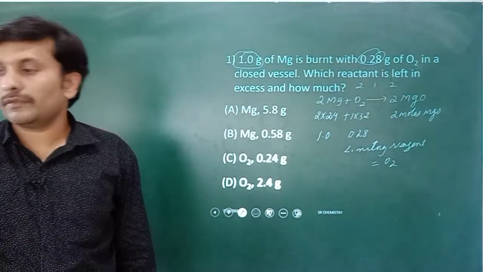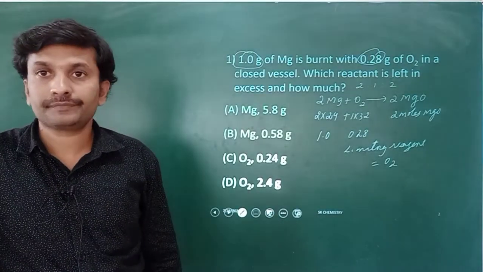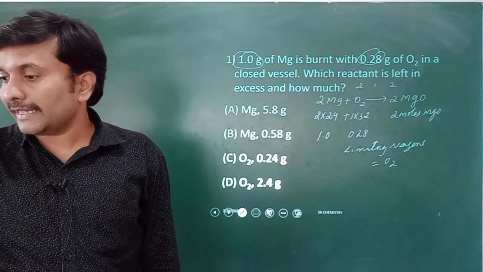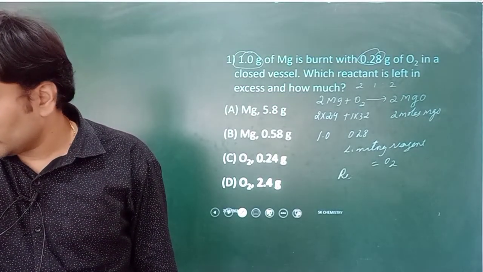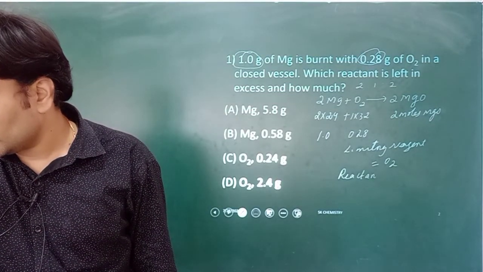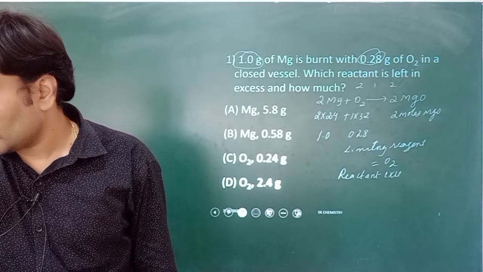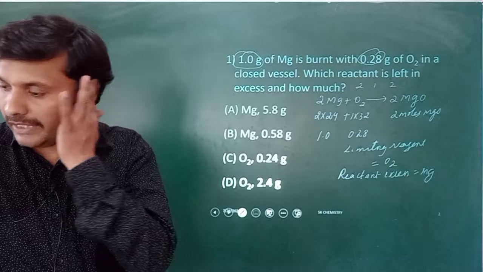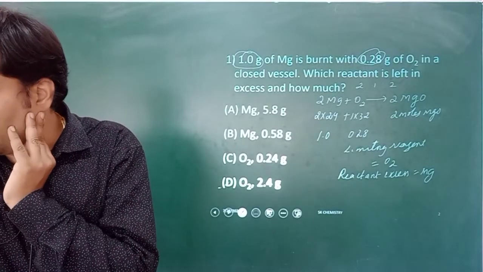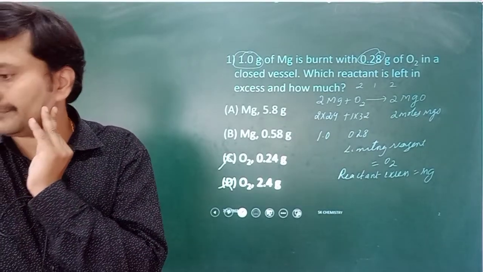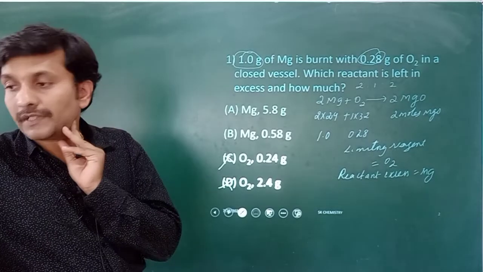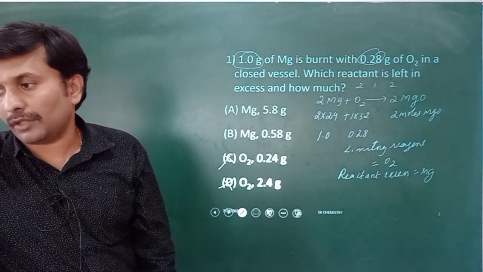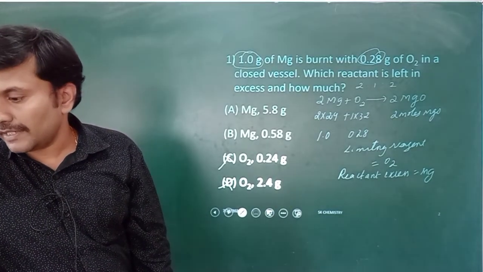Limiting reagent is which one? Oxygen. Then the excess reactant is magnesium. So that clearly shows that these 2 options are wrong. Then how much is left out?